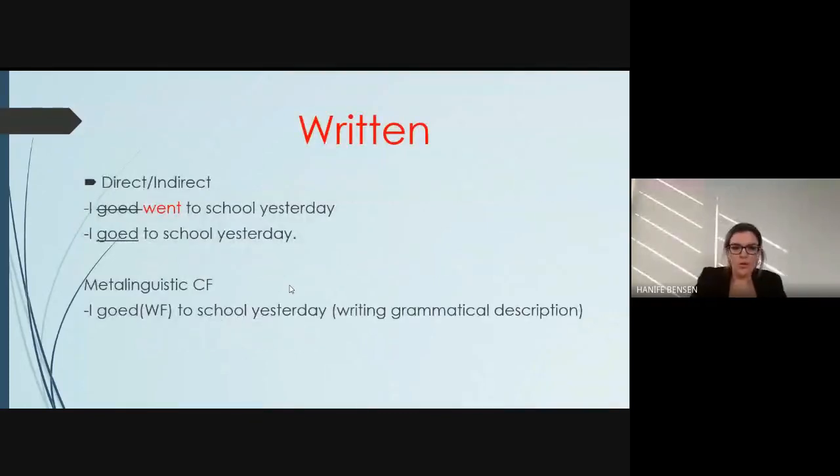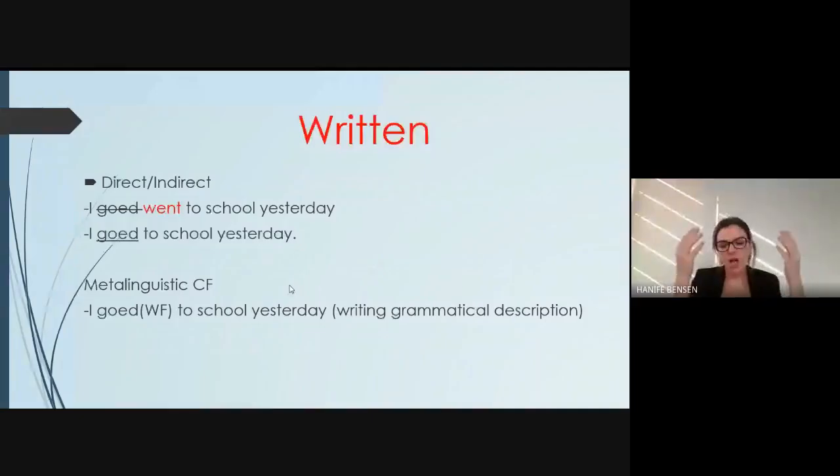Now, we've spoken about strategies that we can employ for oral correction. Now we're going to move on to written error correction. Written errors can be corrected either directly or indirectly.